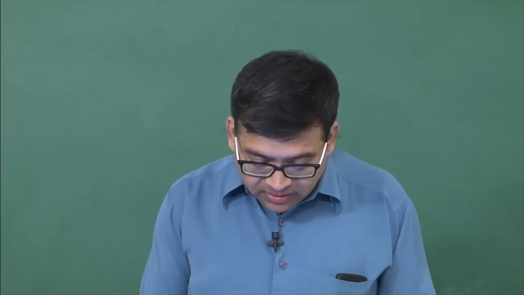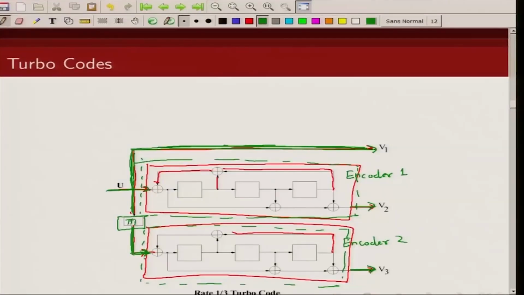Because the information bits corresponding to the second encoder are nothing but an interleaved version of the information sequence being fed to encoder 1, and that is why we are not sending them across to the channel.